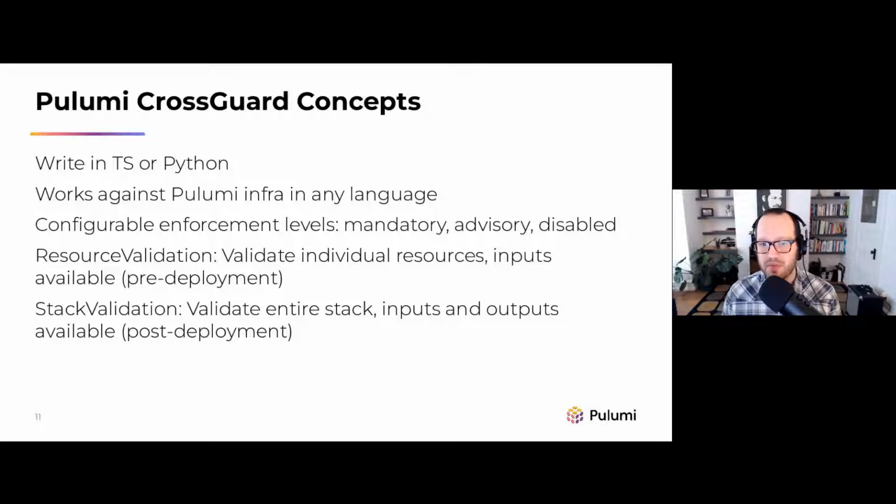An example of a Pulumi stack: you might create within a stack a VPC, some EC2 instances, and a load balancer, and you would put all those things together in a Pulumi stack. The stack validation policy will validate all of the resources in the stack at once, but those generally happen after the deployment. So those are a little bit closer to the detective rules that we described.